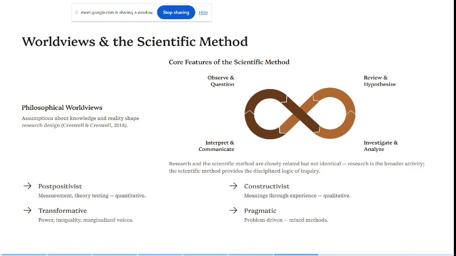But on the other hand, there is another kind of view, constructivist. Constructivist is one of the points of view of most researchers who consider the qualitative approach.